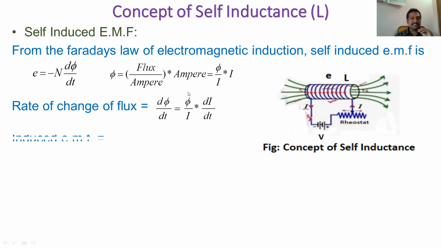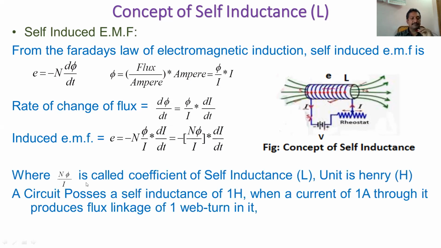Then we substitute this dφ by dt in Faraday's law, the induced EMF formula. Induced EMF is equal to minus N into φ by I into di by dt. Therefore, this combination Nφ by I is a constant, and Nφ by I is called the coefficient of self-inductance. So we remember, dear students, from this self-induced EMF that e is equal to minus L into di by dt, where L is nothing but a constant term.